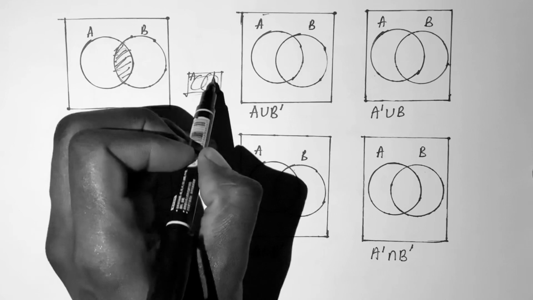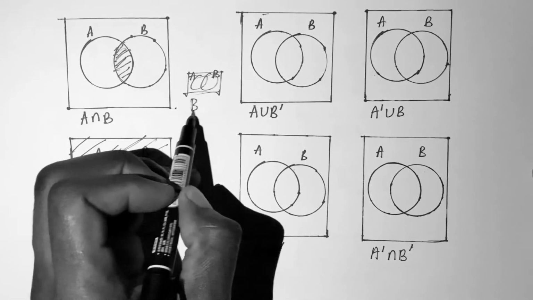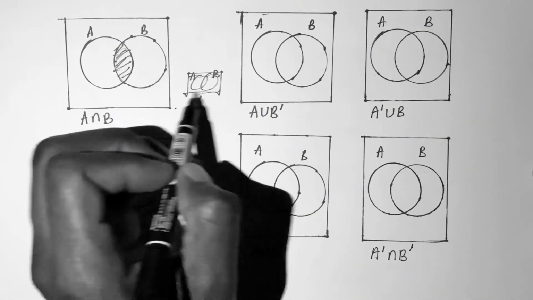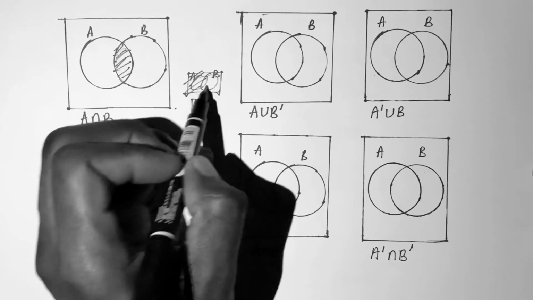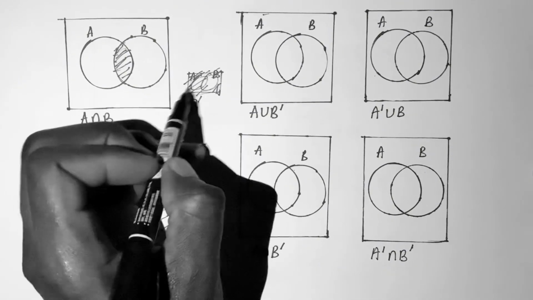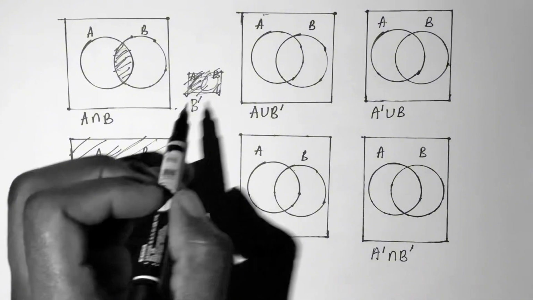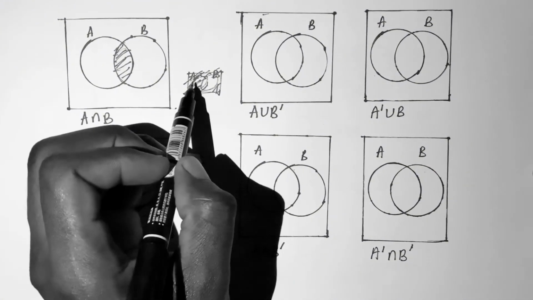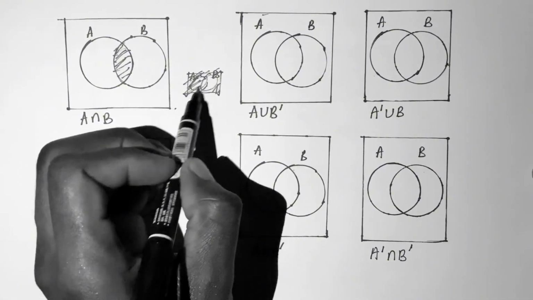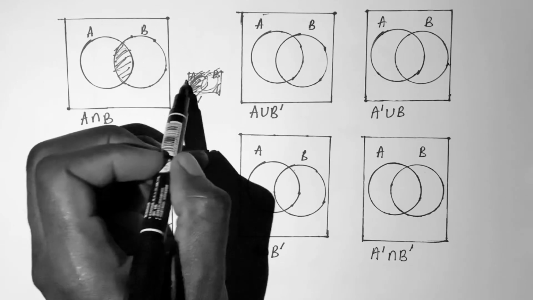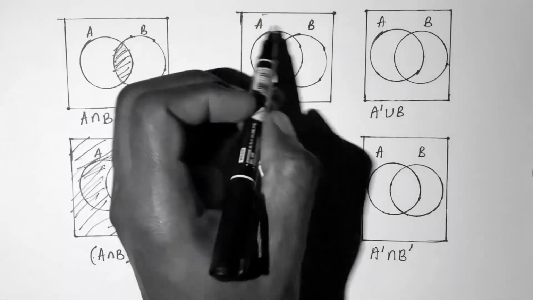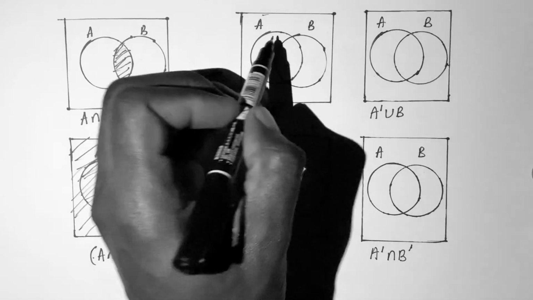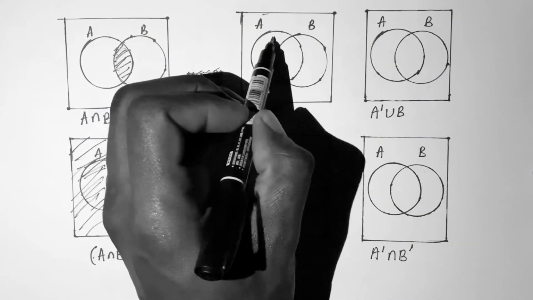So if this is A and this is B, we are looking for B complement. So all the region apart from B is up. So this is B complement. And then union A. So all of this is A. So A union B complement is going to be all of this region.